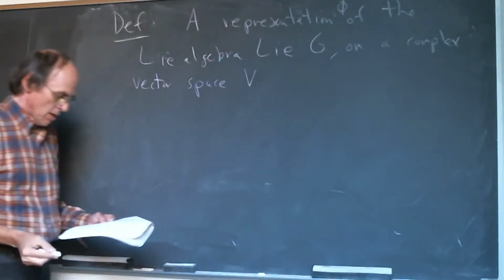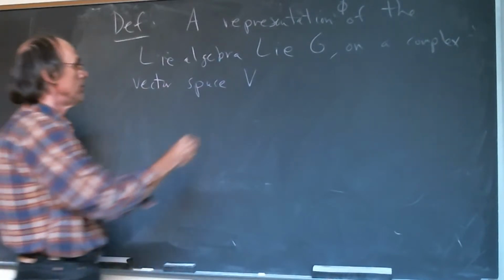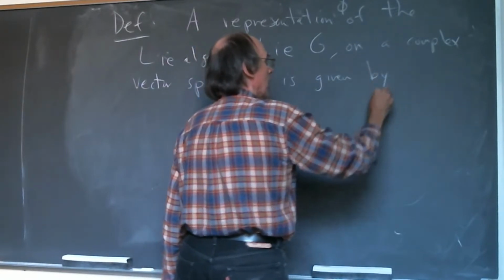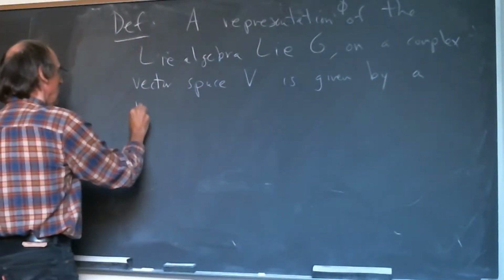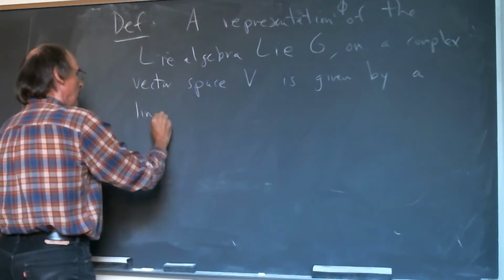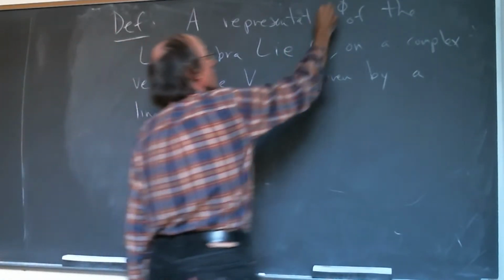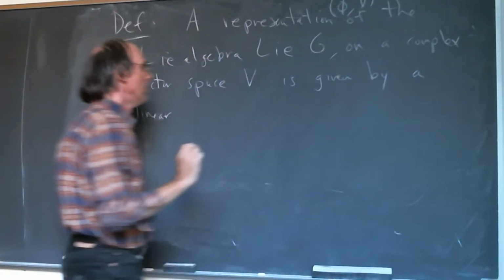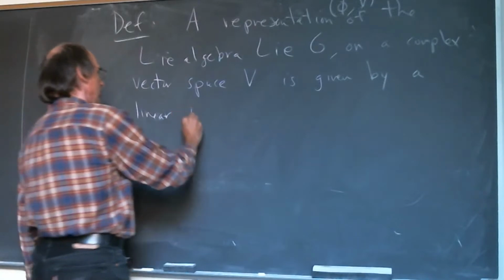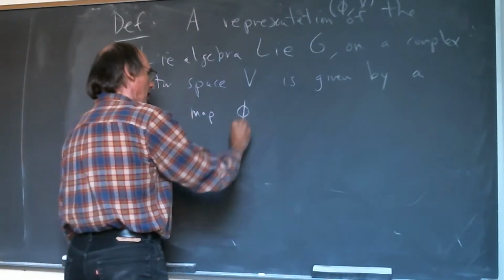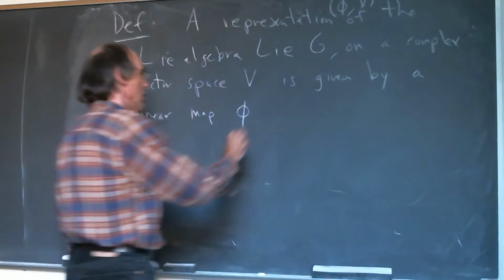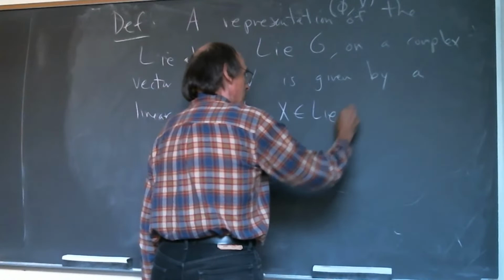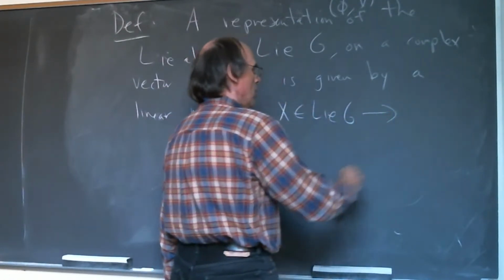V is given by a linear map, and let me call it this and then put the V in here. It's given by a linear map phi that takes x in the Lie algebra of G to phi of x.